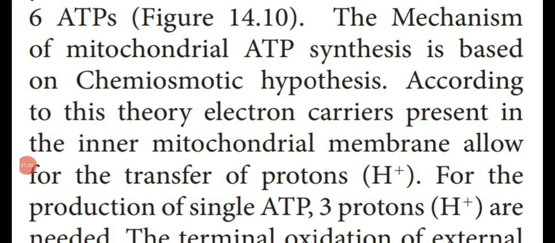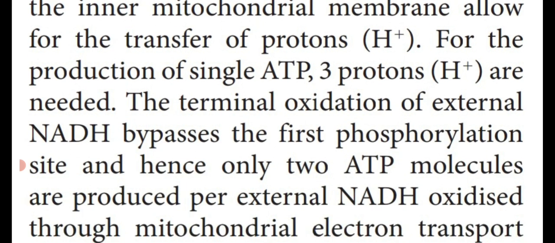The mechanism of mitochondrial ATP synthesis is based on the chemiosmotic hypothesis. According to this theory, the electron carrier proteins present in the mitochondrial membrane allow the transfer of protons, and 3 protons are needed for the production of 3 ATP.